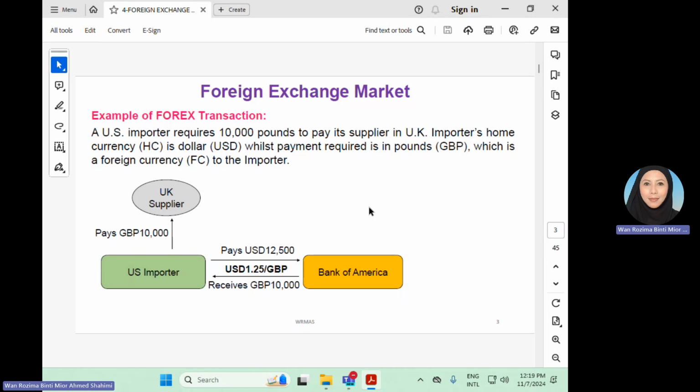So we assume you pay the Bank of America the amount of USD 12,500, which is equivalent to 10,000 pounds. This is the exchange rate: USD 1.25 against British pound. Once you convert from USD to British pound 10,000, which is the same amount as the invoice, then you can pay the supplier. So the forex happens over here.